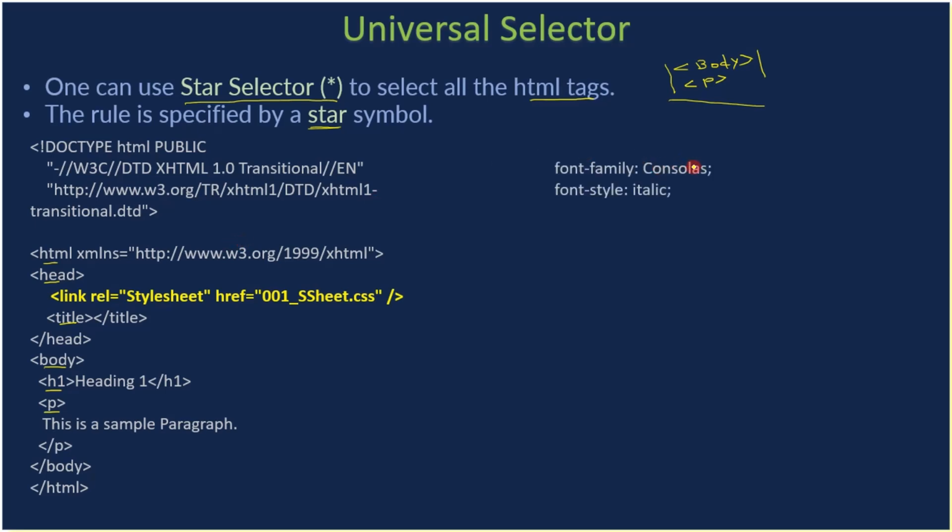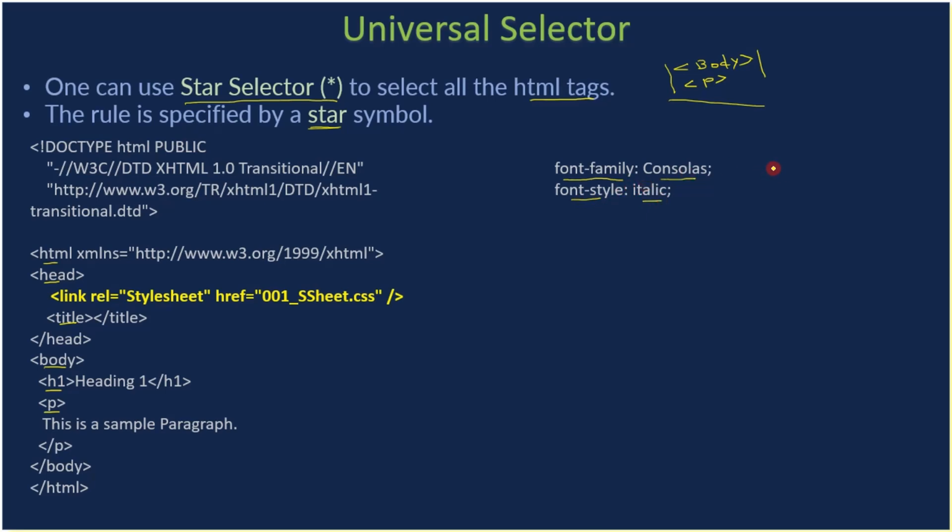So here, if you see, what you are seeing here is called rule. The rule is font family and rule value is consolas. That means here we are specifying the font and font name. Next, font style, italic.